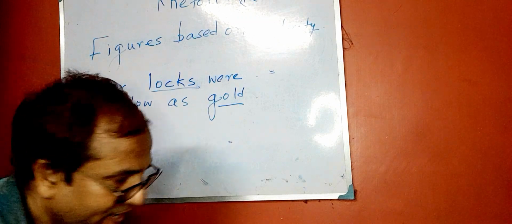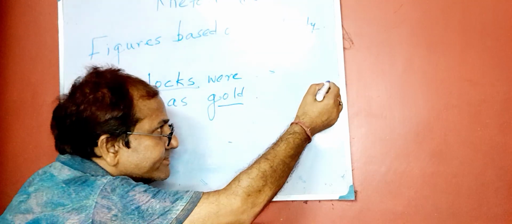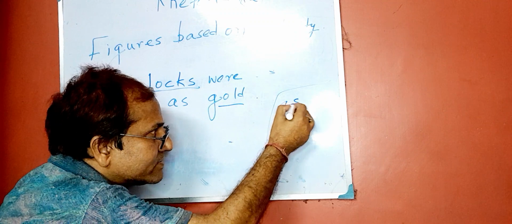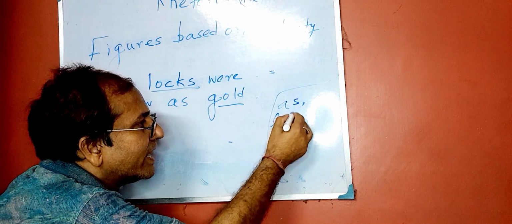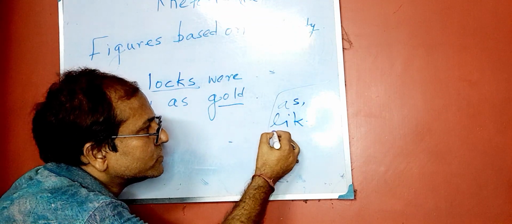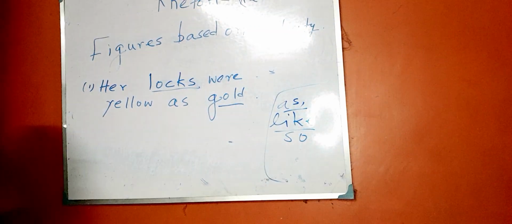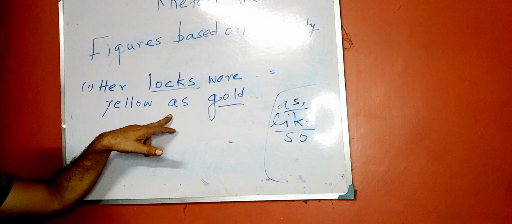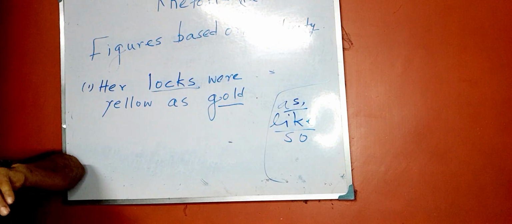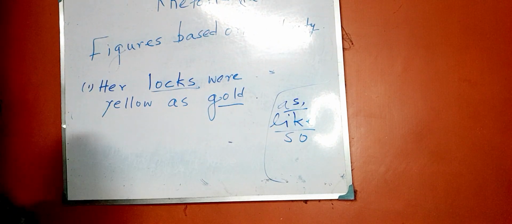And generally we find as, like, so. Here you are finding as, but without this there can be a comparison, there can be similes.